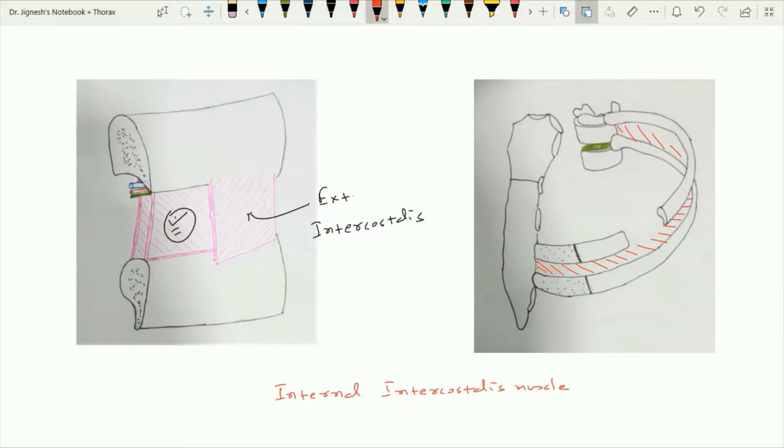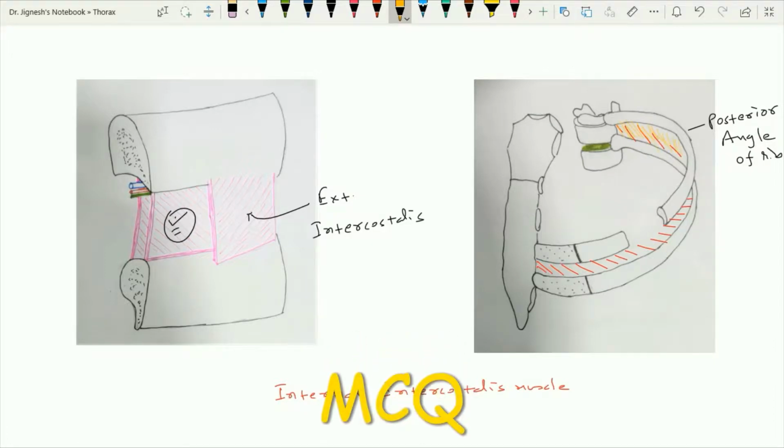And this muscle extends up to the posterior angle of the rib, which is somewhere present here, and from the posterior angle of the rib, this muscle is in the form of a membrane, or we can say in the form of an aponeurosis, and this forms the posterior intercostal membrane, which continues with the anterior layer of the costotransverse ligament.